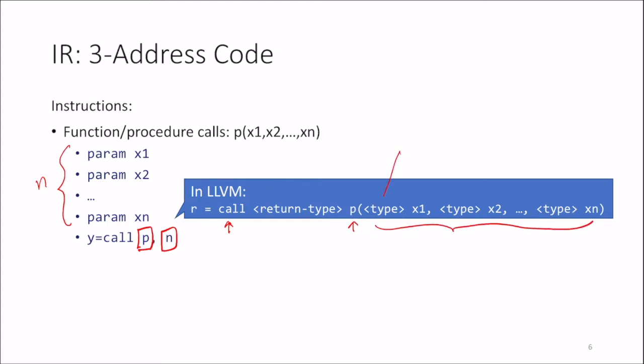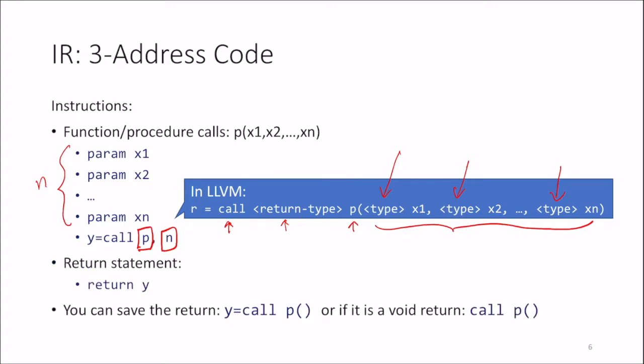In LLVM, of course, each variable has to have its type associated with it, either i32 or whatever it might be. We also have to list the return type of this function p. We're going to simplify it and not use the types in the slides to come. You can have a return statement where you return a value, and you can also save the return.